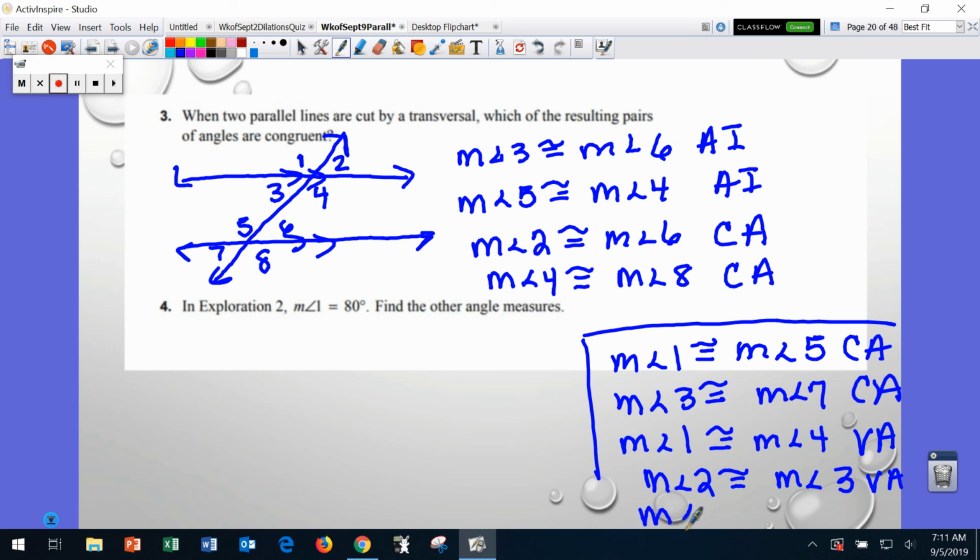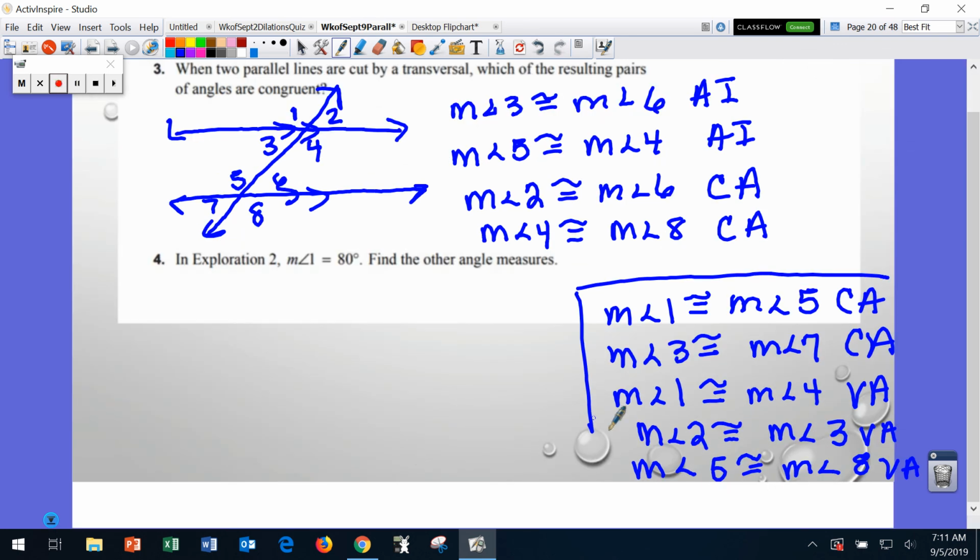Measure of angle 5 is going to be congruent to the measure of angle 8, another vertical angle. Let's keep that going. And then we get the measure of angle 6 is going to be congruent to the measure of angle 7, another vertical angle. And we're done.